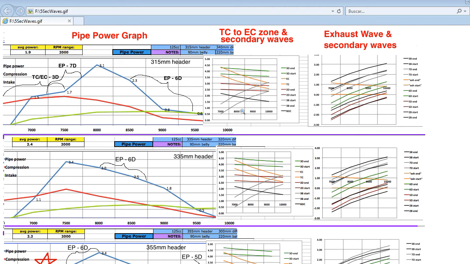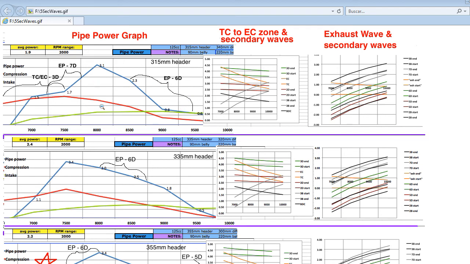And we can see that right here in my notes of 6D. Exhaust pulse reduced by 6D from 8,500 to, well, a little bit before 9,500, about right here, about 9,350. I need to change that.